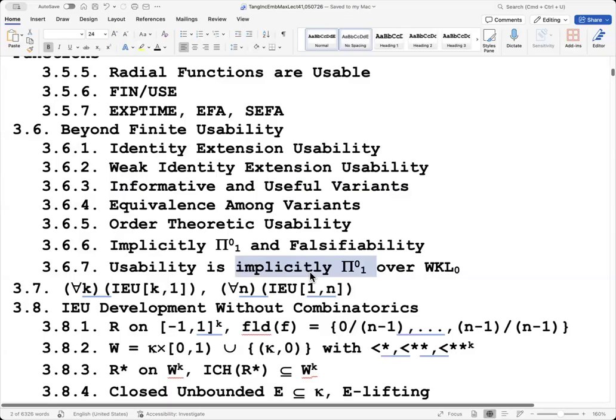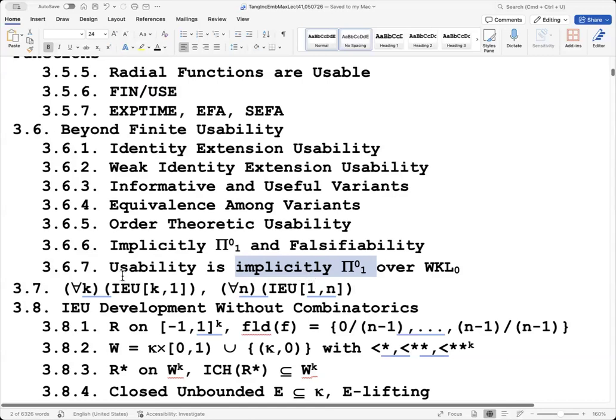And what order theoretic functions are usable is stated to be beyond the scope of the book. That's one of the main research programs to be done after this book. And I believe that the order theoretic functions can be completely analyzed as to whether they're usable or not, and so on.